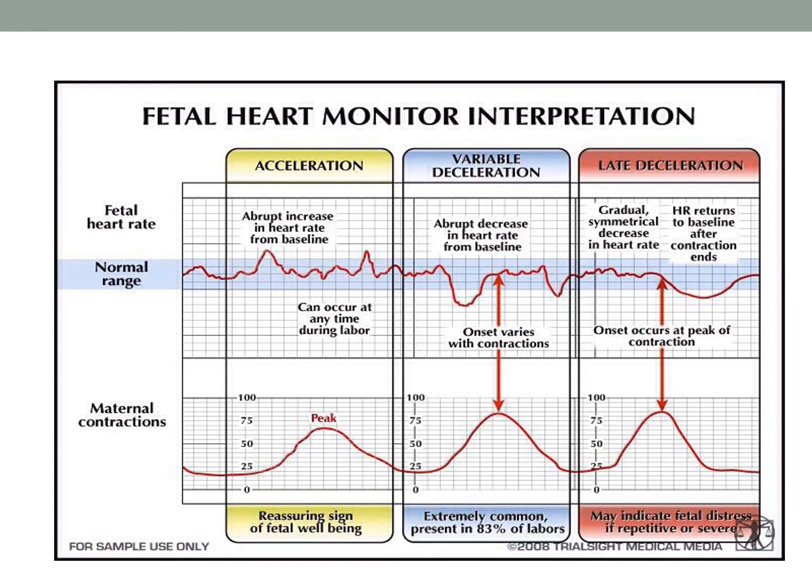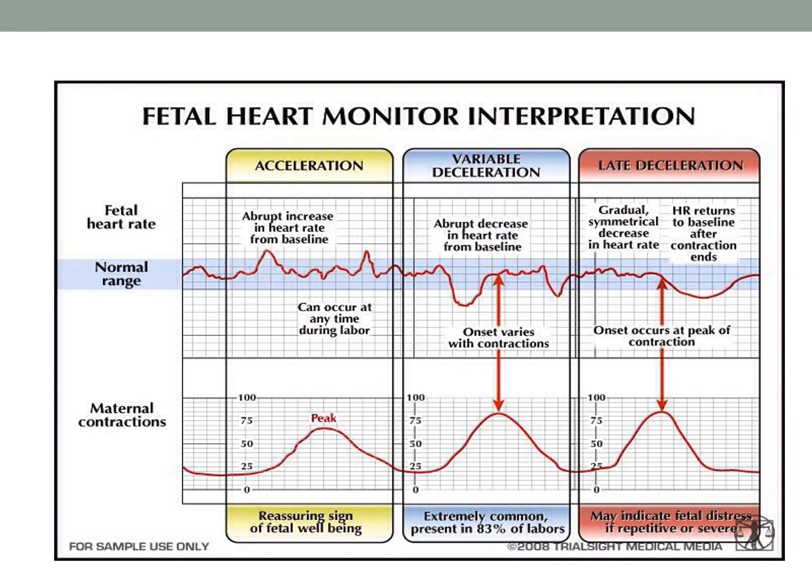The late decelerations, you can only identify this type of deceleration as late if you are able to see the contractions, because the deceleration begins at the peak of the contraction and it's indicative of uteroplacental insufficiency. This is something we do not want to see. It means fetal distress.